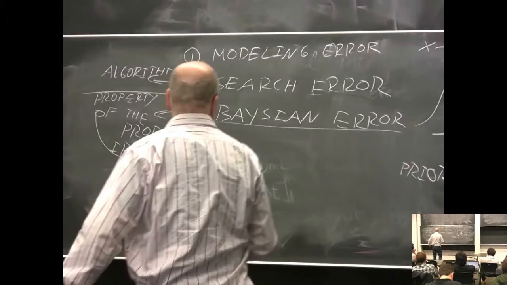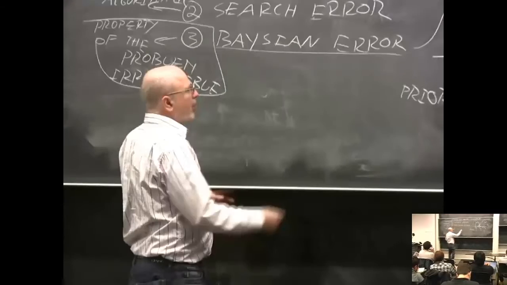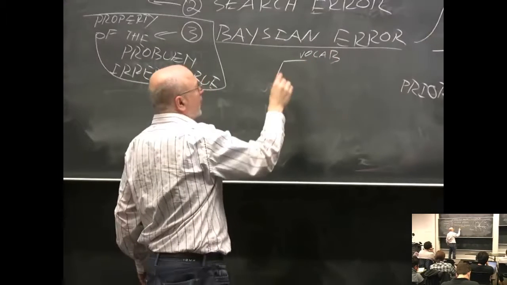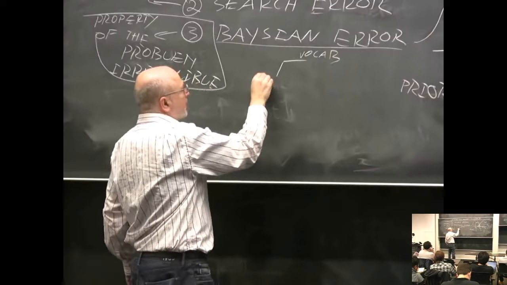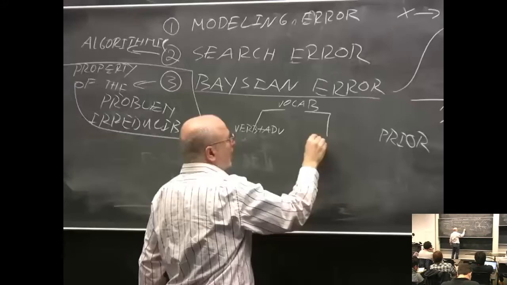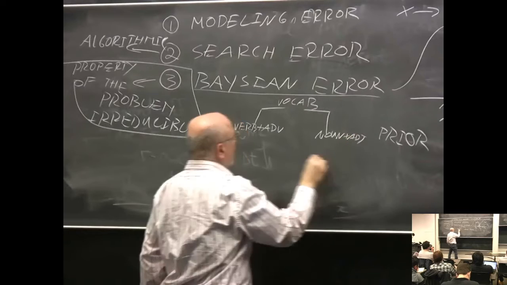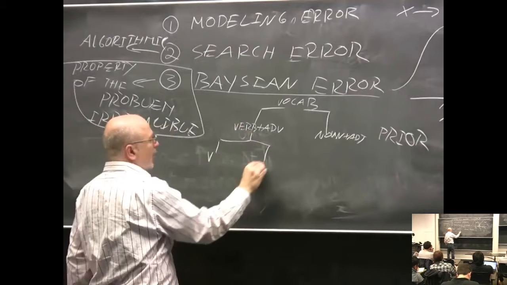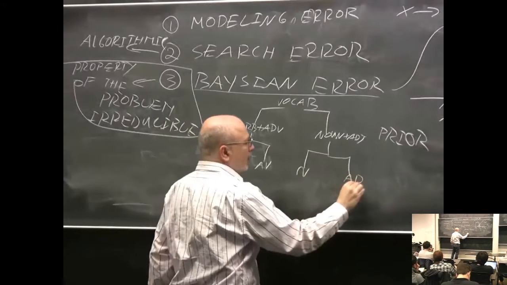But the idea is that if you create a reasonable clustering of the vocabulary, a hierarchical clustering, so the entire vocabulary is here, and maybe you make a distinction into verbs and adverbs here, and nouns plus adjectives here. And then you make a further distinction into verbs and adverbs, and here into nouns and adjectives.